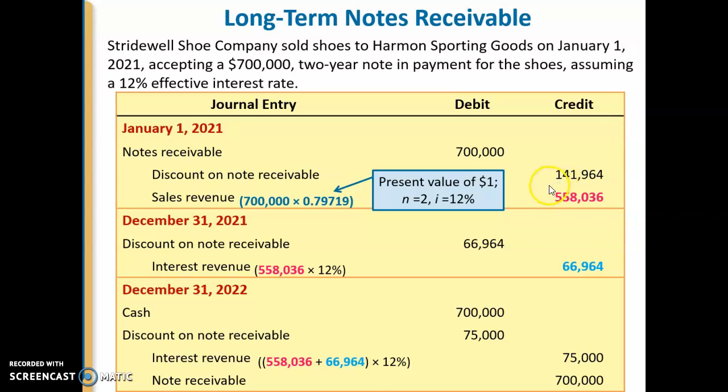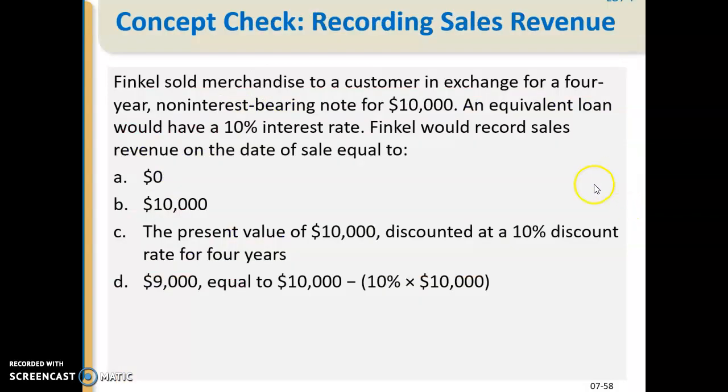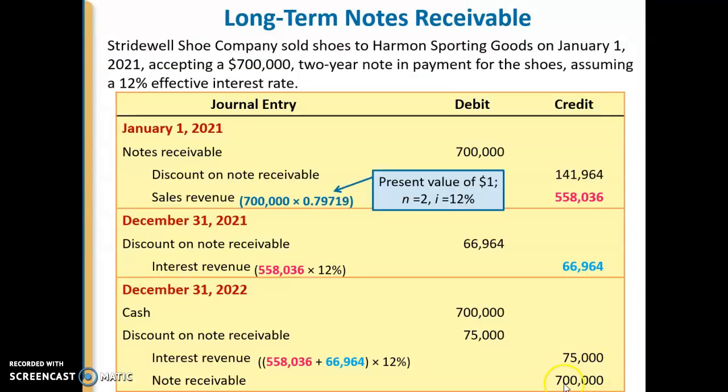Now, the interest revenue each period is calculated based on the net note receivable. This is referred to as the net note receivable. And we're going to compound the interest.